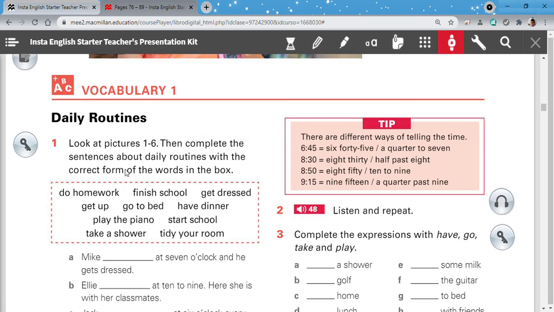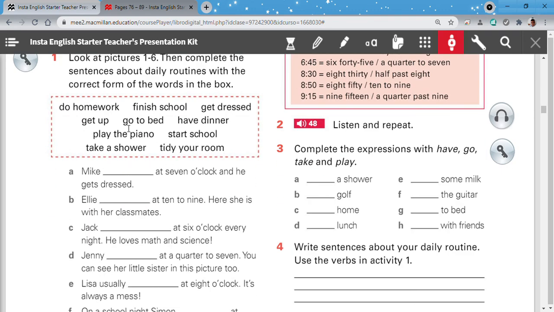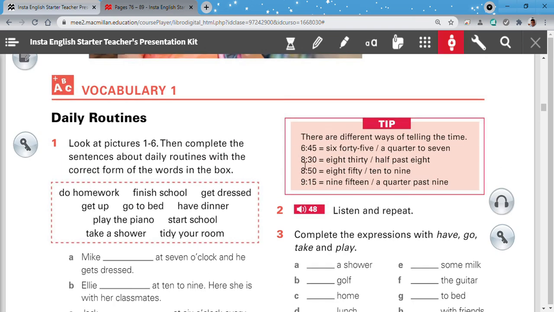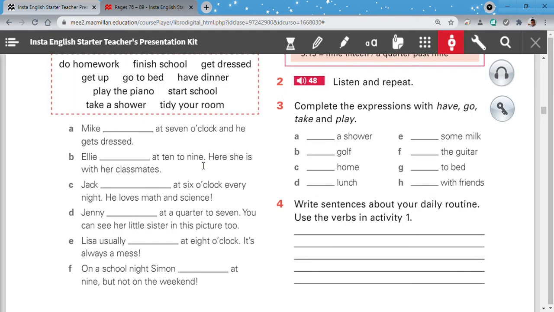For example, Mr. Lucero gets up at 6:30. Mr. Lucero has breakfast at 7:30. I'm going to use the time and a word from this vocabulary.